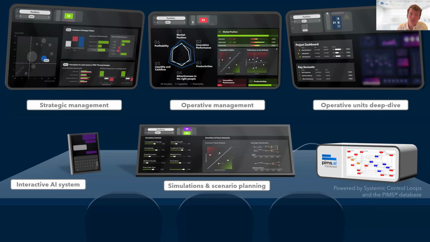Underneath all of this, we've got a form of an organization's model of itself. The system can hold the current and the past versions of the business, and it can allow the users to map simulations of the business. We at PIMS have studied the causal relationships between the factors across the database. All the KPIs that we've mentioned, we've studied the causal relationships between them, and we call that model systemic control loops.